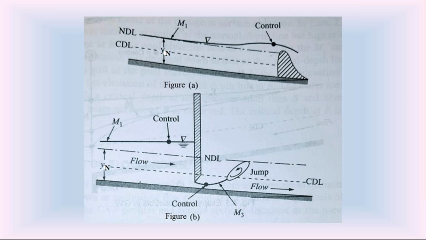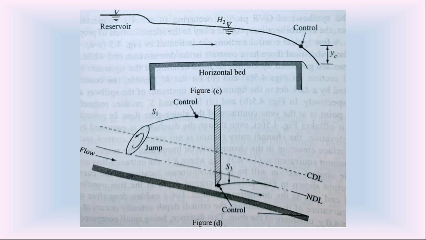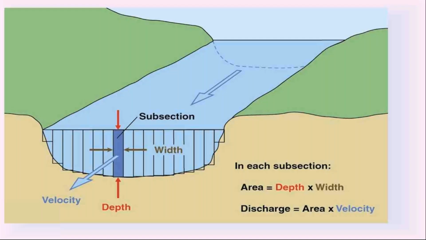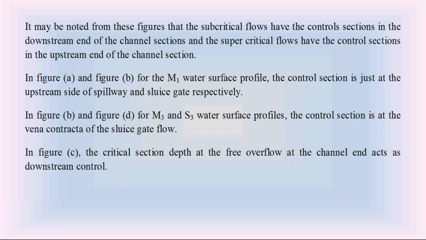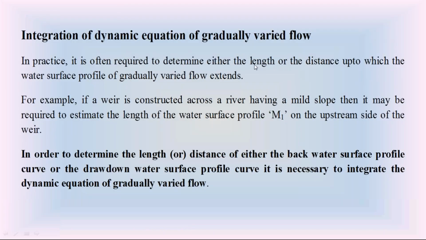To measure the length of that water surface profile, we go for the integration of the dynamic equation of gradually varied flow. That is the main purpose of the integration of the dynamic equation of gradually varied flow. By conducting that integration, we can find out the length of the water surface profiles.